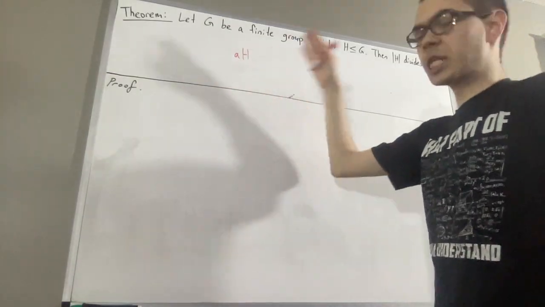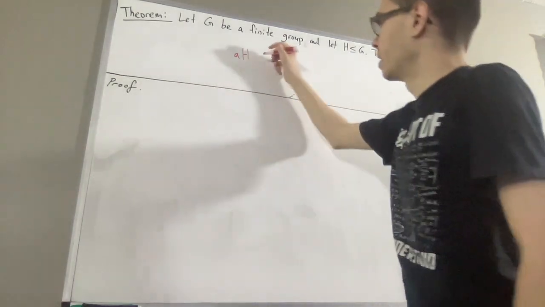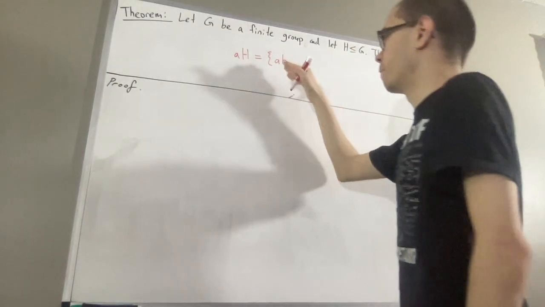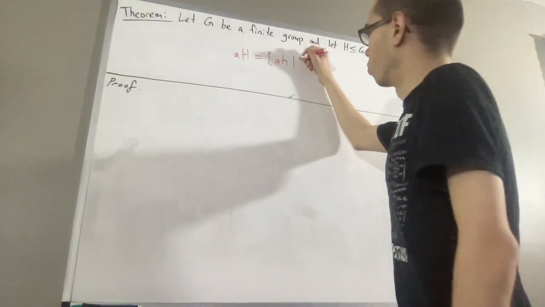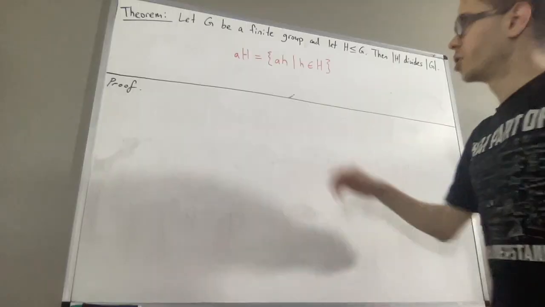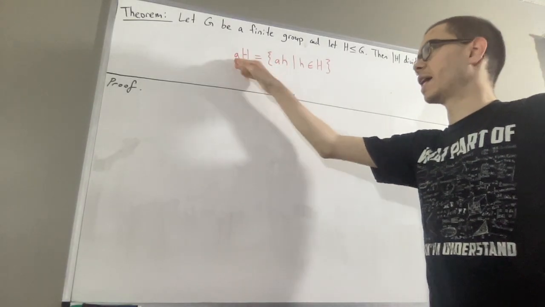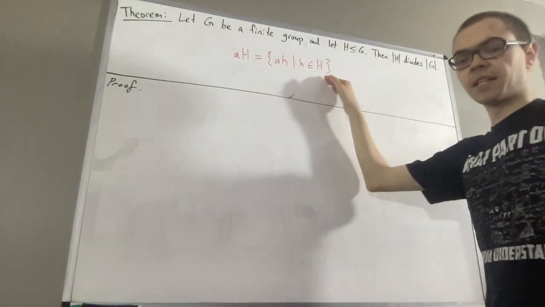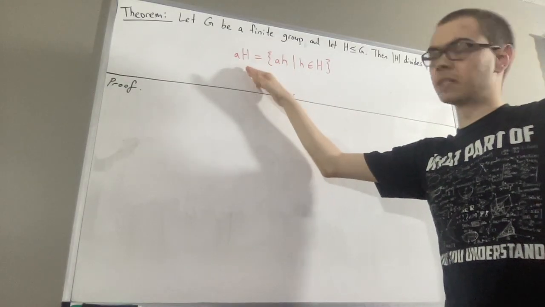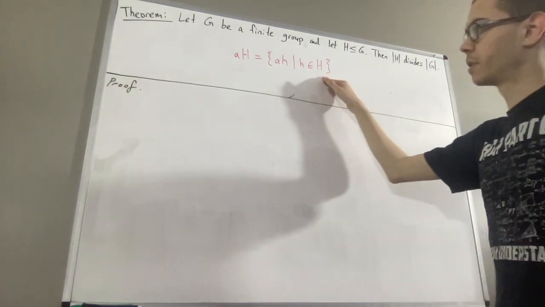Well, given that G is a group, H is a subset of G, and A is an element of G, then the set AH is the set of all elements of G of the form A times H, where H is some element of H. So you can imagine taking all of the elements of H and multiplying them on the left by A, and that forms this set. Now in the case where H is a subgroup of G, this set is called a left coset of H in G.